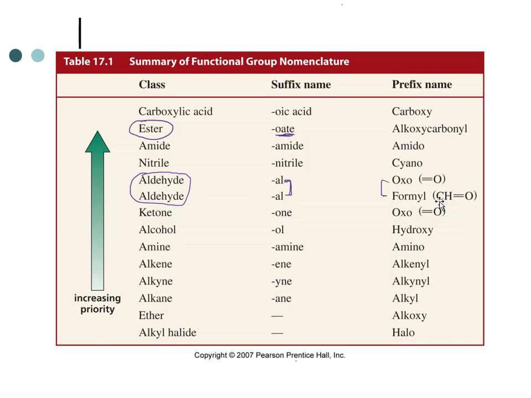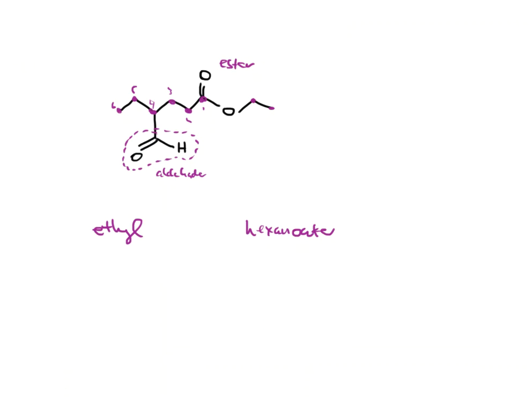Notice this is the name of a CH double bond O, a full-blown aldehyde group, and that's why both of these are listed the way that they are. So they do have different names that they go by. This is the full-blown whole molecule, not part of the main chain, and we call this the formyl group.